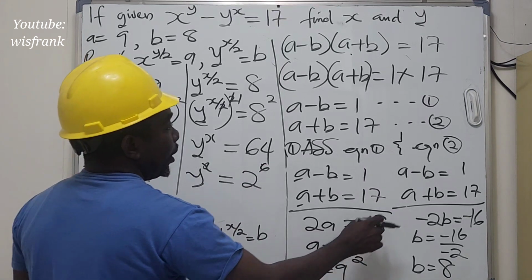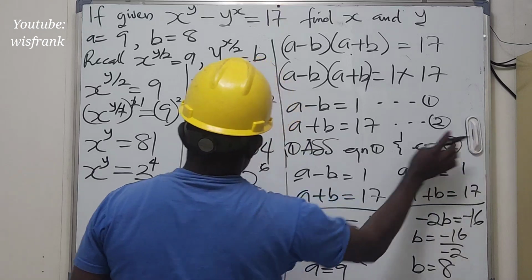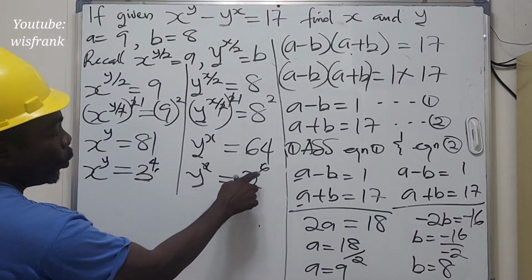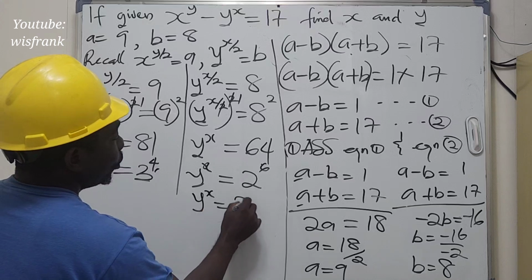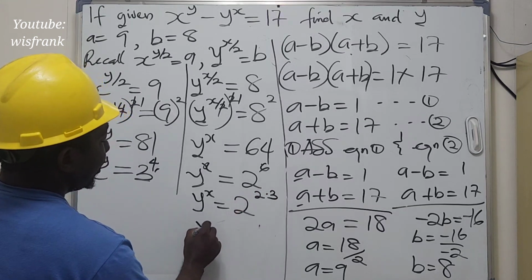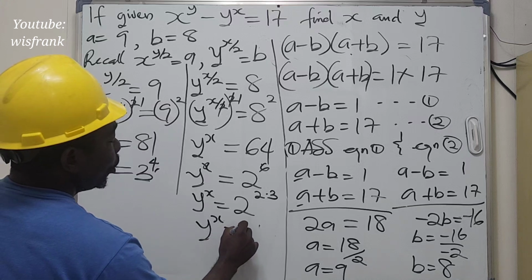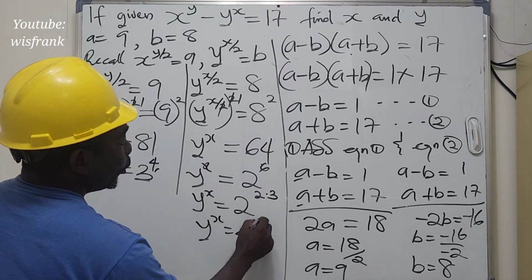And also 64 can be written as y to the power of x equals 2 to the power of 6. So in that case, we can also simplify this, because we have 4 here and we need something for here, so we have y to the power of x equals 2 to the power of 2 times 3. This can be written as y to the power of x equals 4, with 2 to the power of 2 equals 4, to the power of 3.